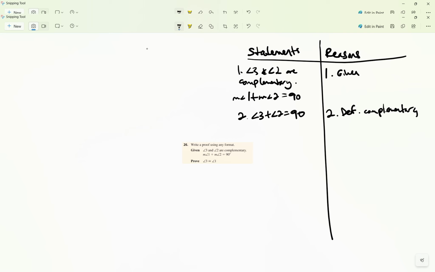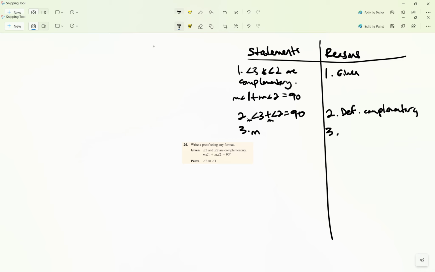Now, this is going to seem very mechanical because it has to do with structure, mathematical and algebraic structure. We could even say this actually makes a little more sense if we call it the measure of angle 3 and measure of angle 2. That's fine. Okay. Now, what we can say is that since these things both equal 90, wouldn't they equal each other?